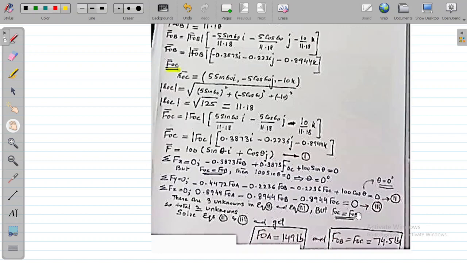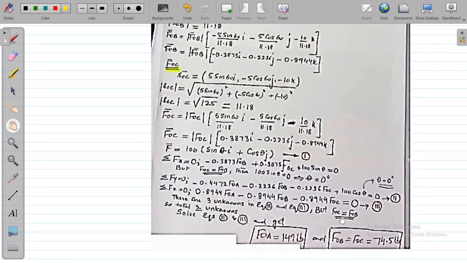But remember a very important point: FOA is unknown, FOB is unknown, FOC is unknown. In these equations you have two simultaneous equations and three unknowns, which cannot be solved. But remember the important point that FOC equals FOB.